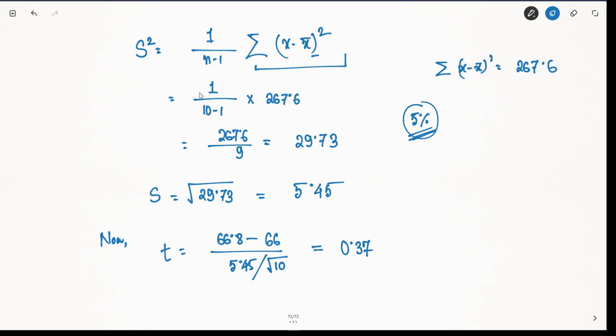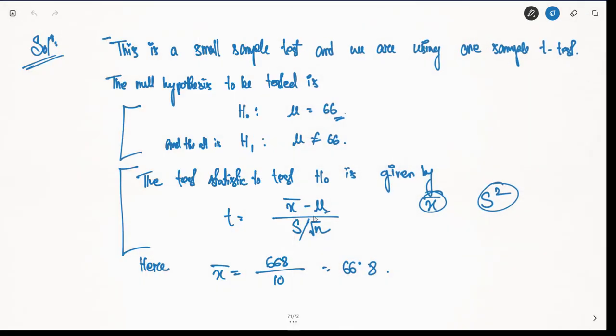In case of one sample t-test, the degrees of freedom is given by n minus 1, where n is the number of observations, because this test statistic follows t distribution with n minus 1 degrees of freedom, right? Now t distribution is beyond our scope, so I cannot explain here what t distribution is. But this test statistic follows a distribution known as t distribution with n minus 1 degrees of freedom.